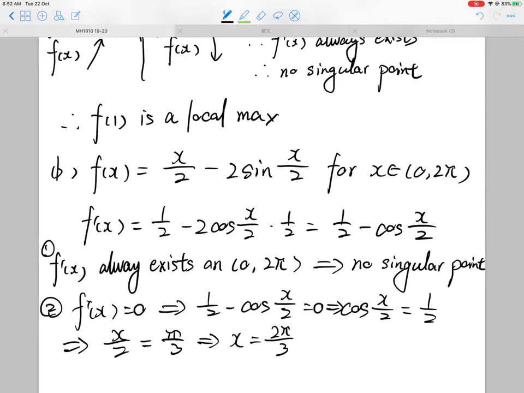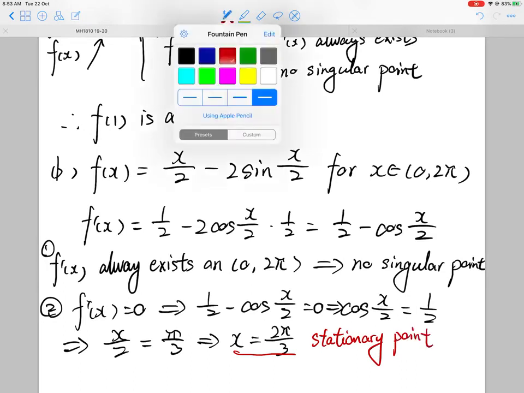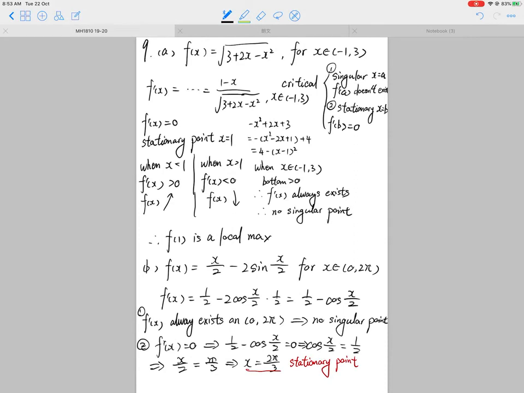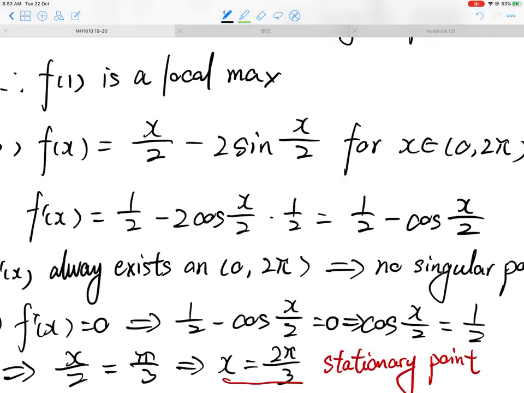Then, is this a local maximum or local minimum? This is our stationary point. We can figure out its second order derivative.